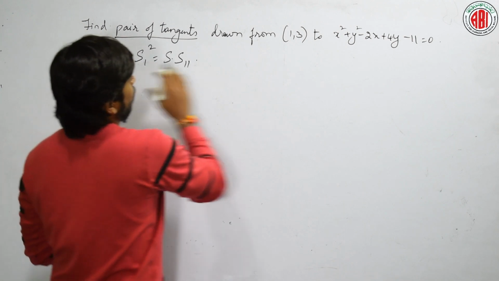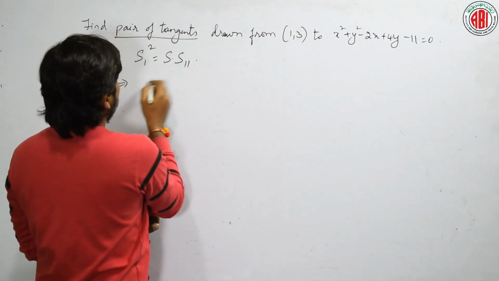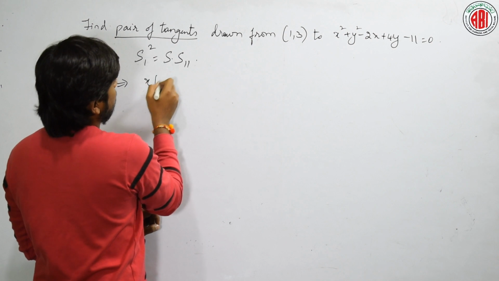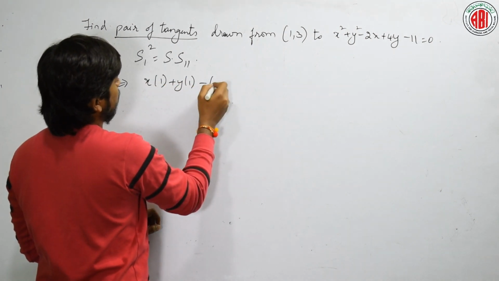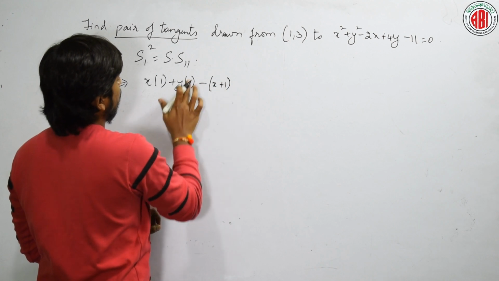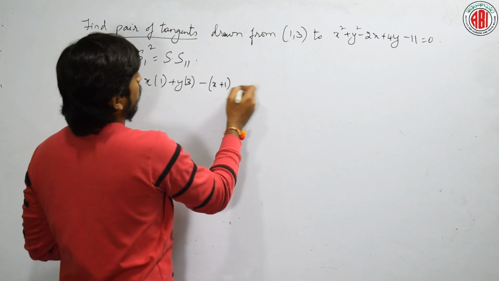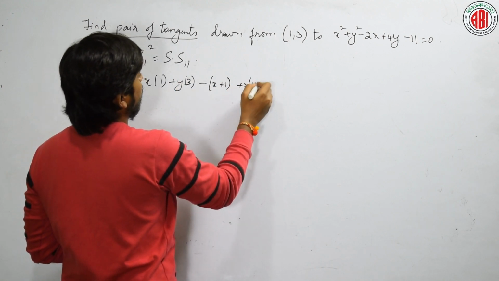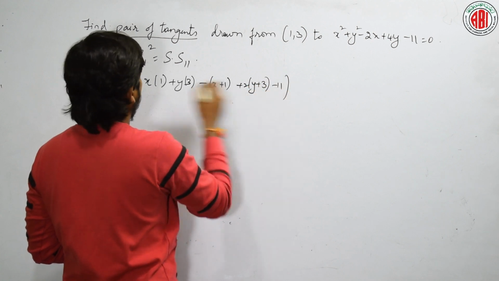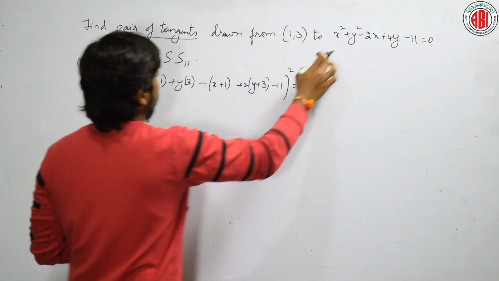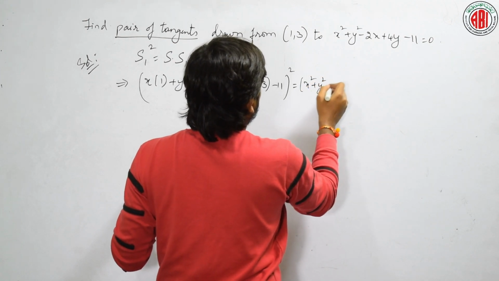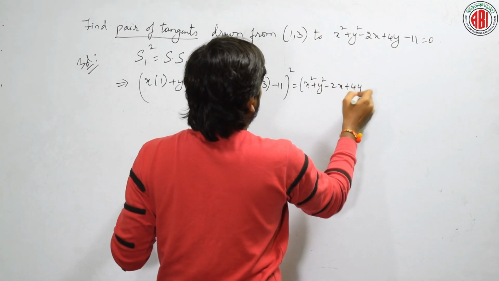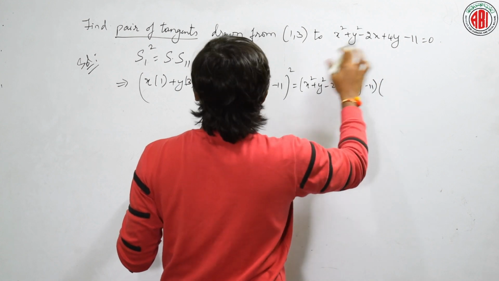Now, tell me, what is S1 for this? That is x x1 plus y y1 minus x plus x1 plus y plus y1 minus 11, whole square, is equal to this whole S, that is x square plus y square minus 2x plus 4y minus 11, into S11.